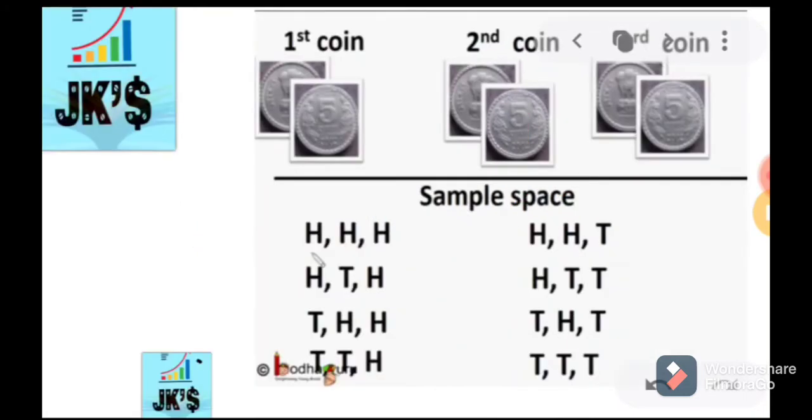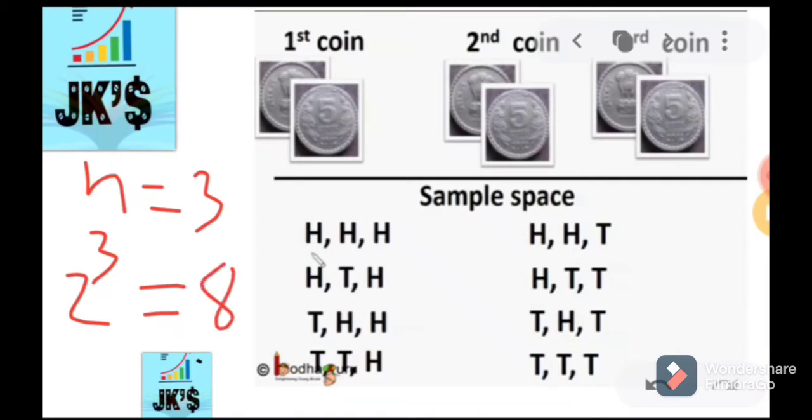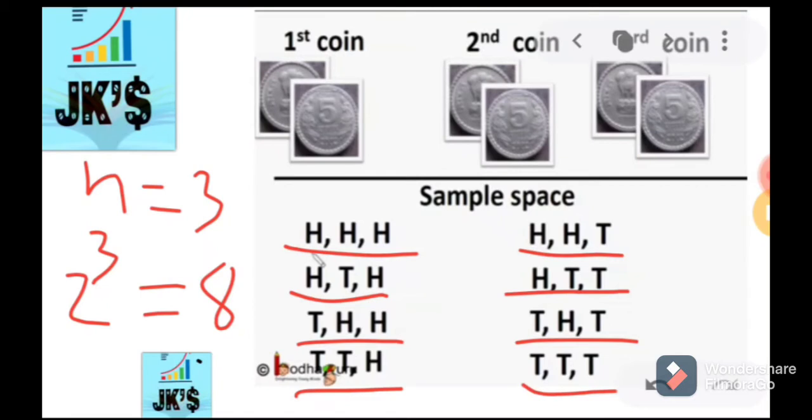Now, the random experiment is tossing three coins simultaneously. What are the possibilities? n equals 3, so 2 to the power 3 means our total outcomes are 8. The outcomes are HHH, HHT, HTH, HTT, THH, THT, TTH and TTT.